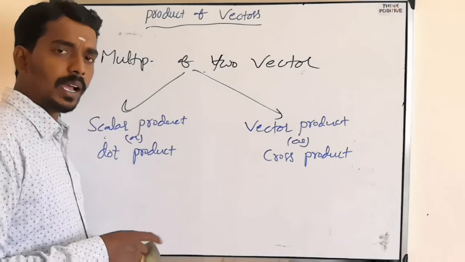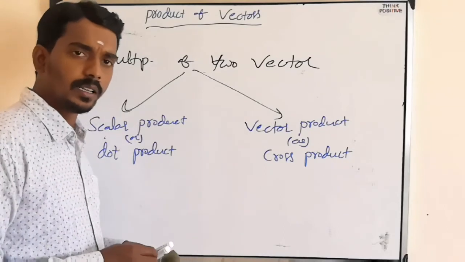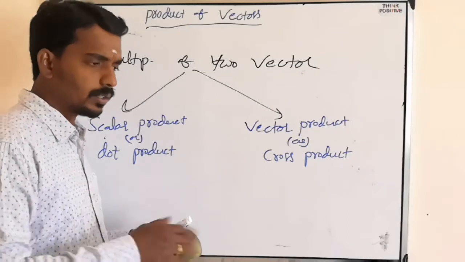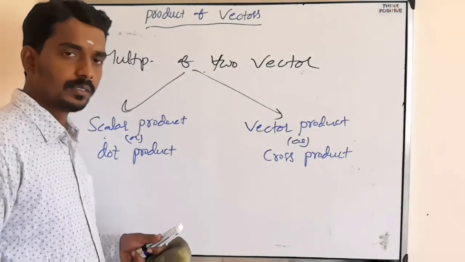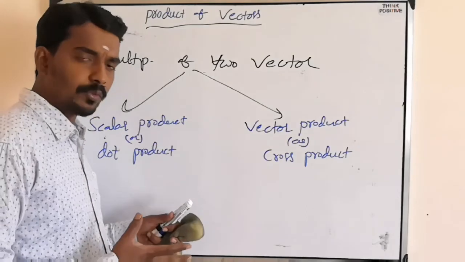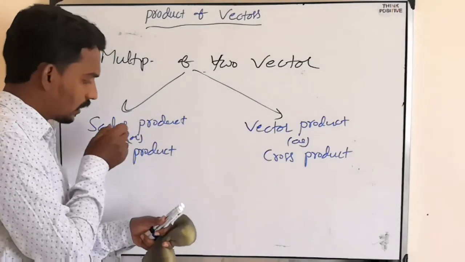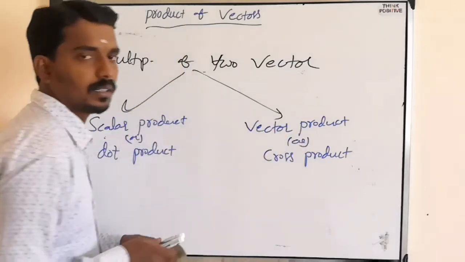If 2 Newton and 5 Newton, two forces, are there, what does multiplication of vectors mean? You cannot say 2 into 5 is 10. So when you have to multiply two vectors, you need to follow either this method or this method.